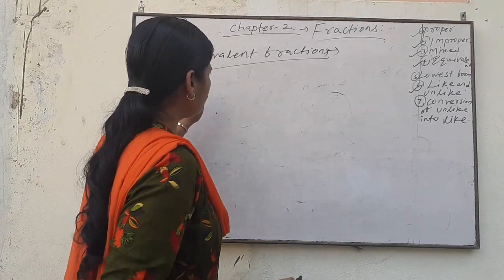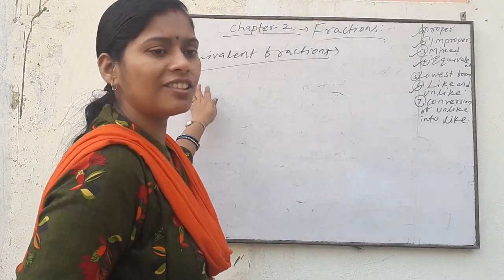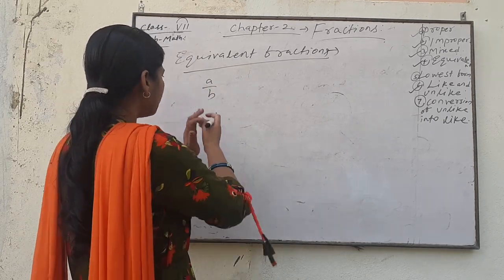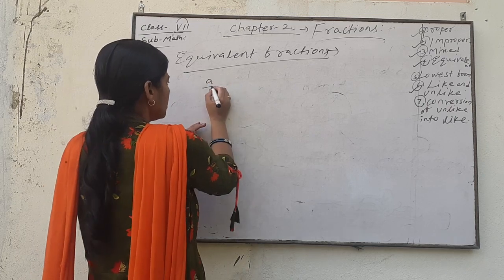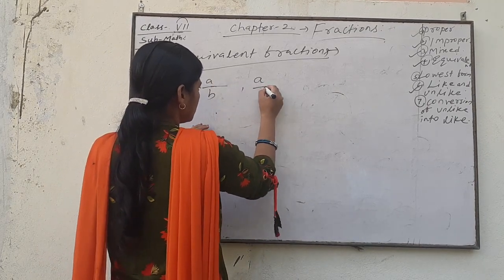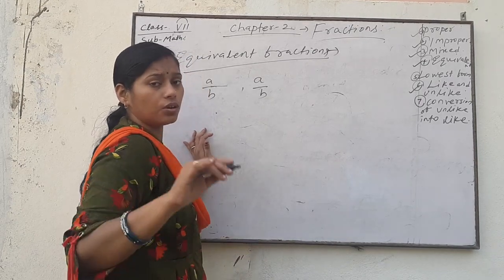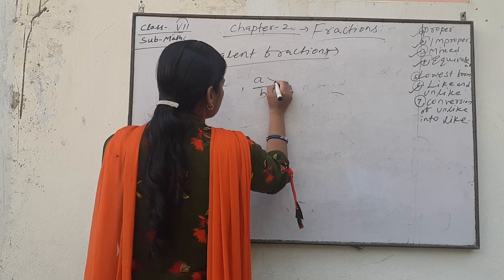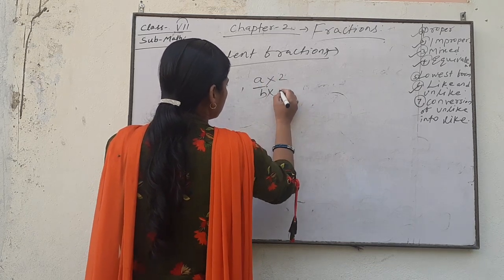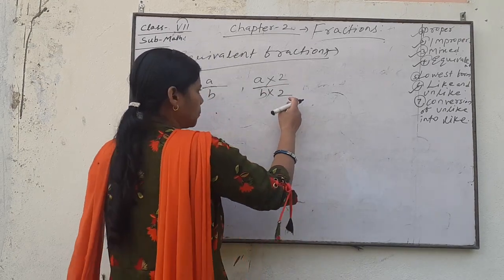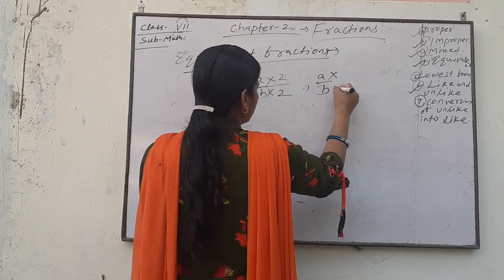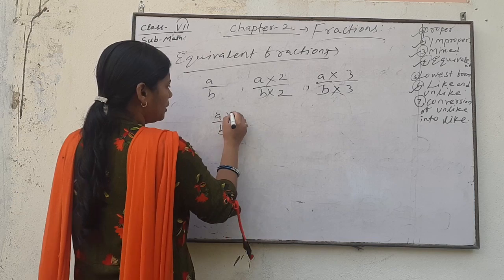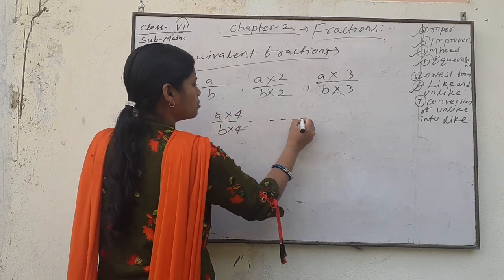If a by b is in the form of your fraction, and m and n are non-zero integers, then suppose that n is 2, a by b into 3, a by b into 4, in this way.